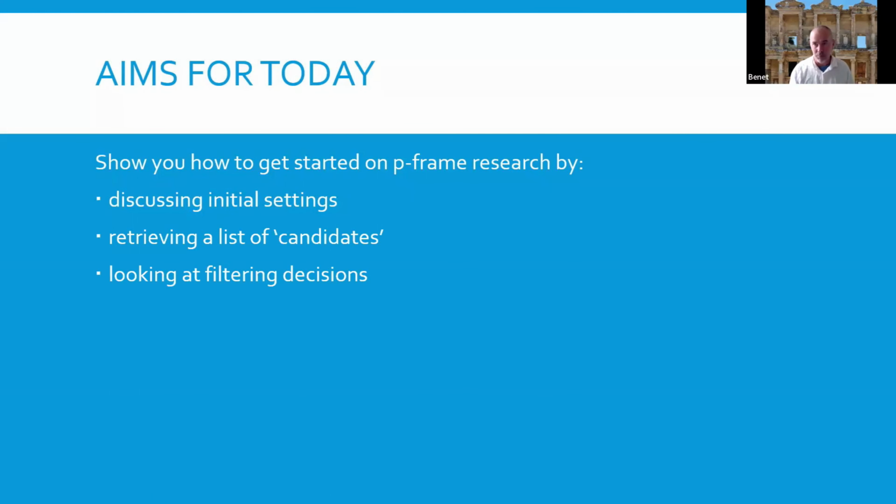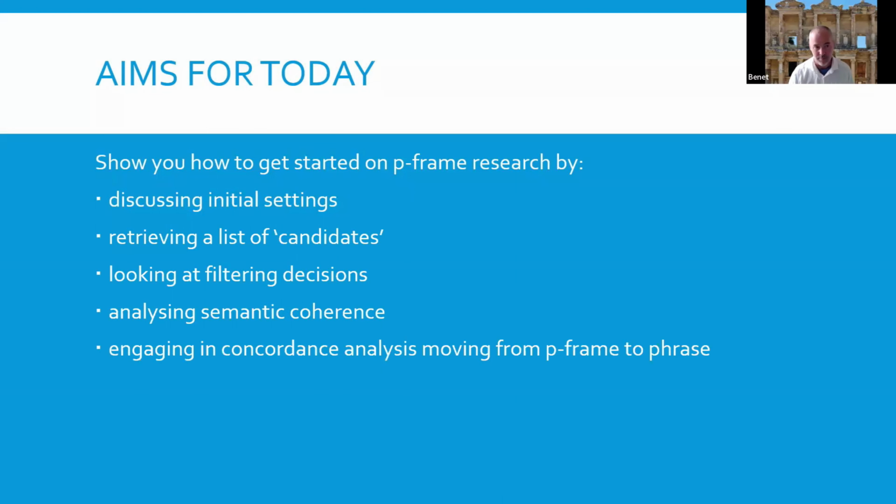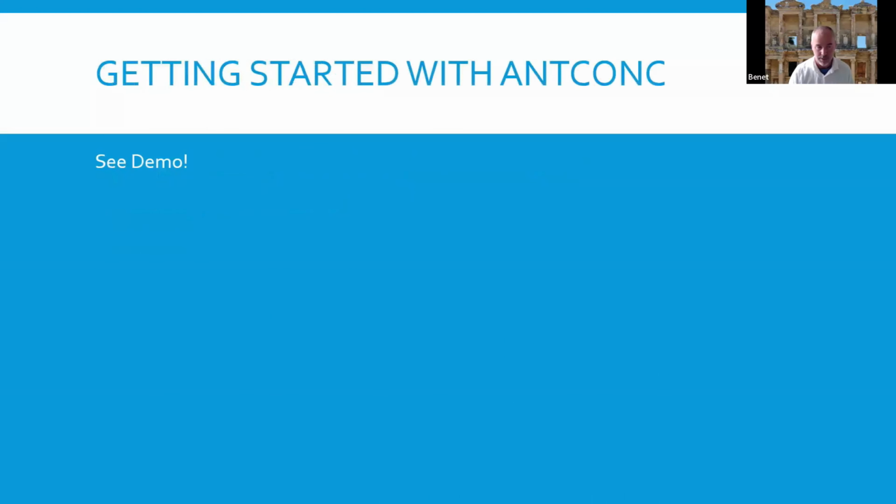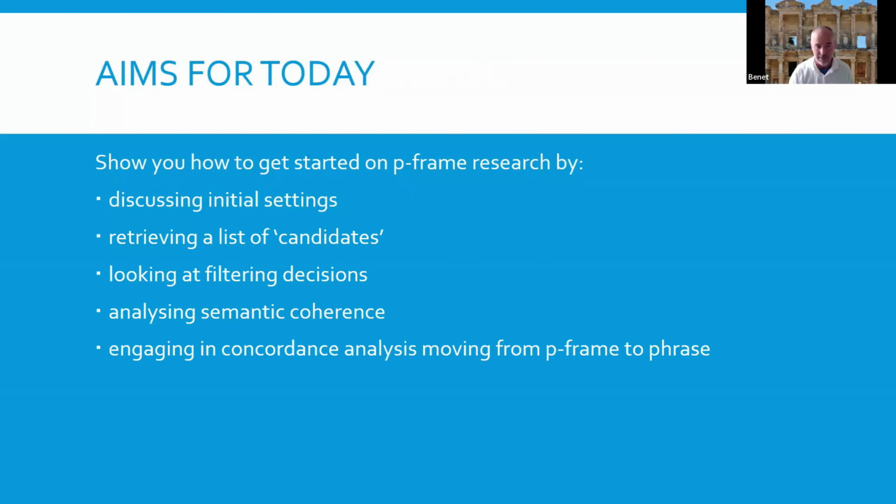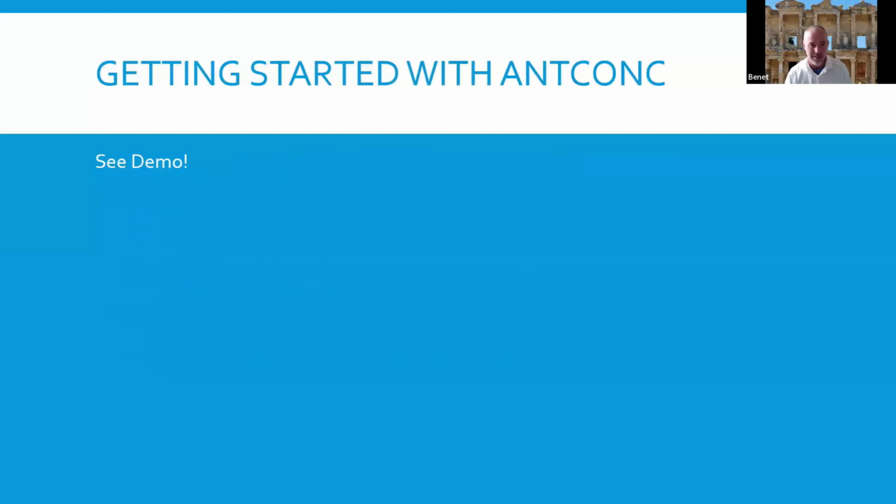We'll look at, once you've got a list, how do you filter it down? How do you decide what's useful, what's not useful? And part of this will be looking in more depth at the analysis and engaging in concordance analysis. It says here, see demo.